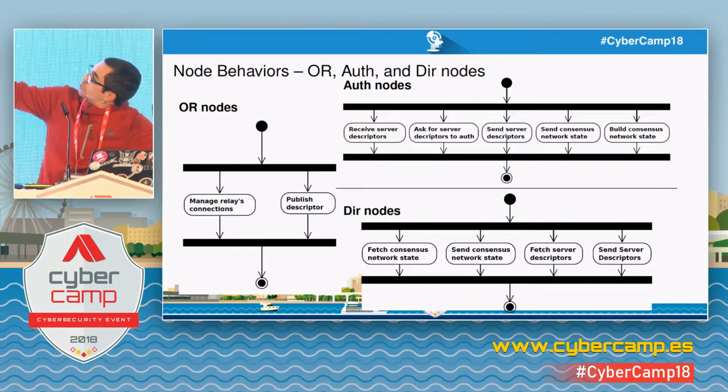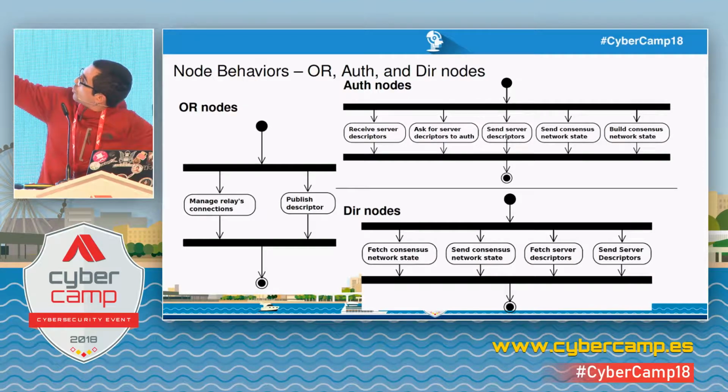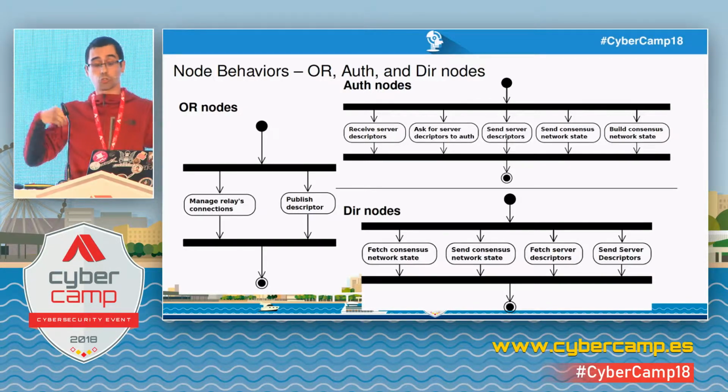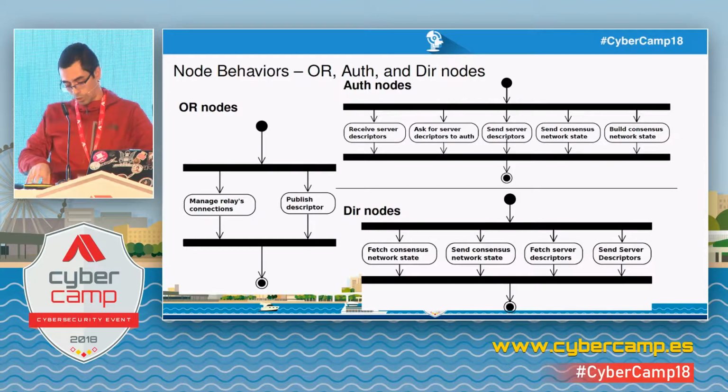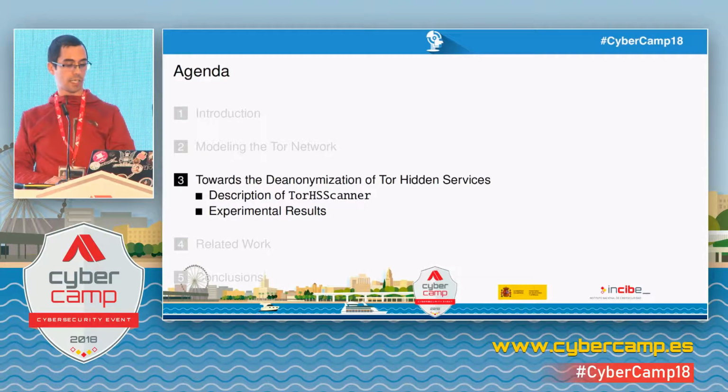And then, of course, locating the descriptor. Authority nodes will perform more tasks, same as directory nodes. So these tasks are related to each other. So we have the directory node informing about the status of the network, and then the authority node maintaining the status of the network.